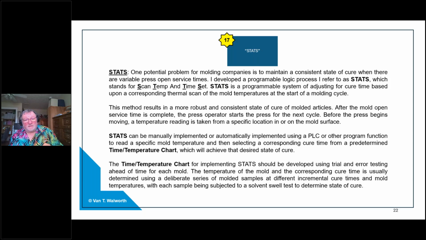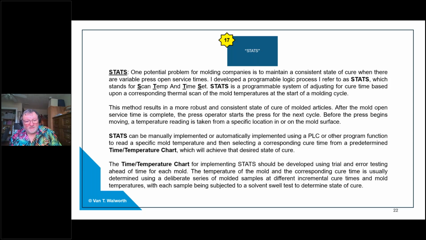If it's a little hotter for whatever reason, I know that I need just a slightly shorter cure time, it may only be 20 seconds, 10 seconds, 5 seconds, to achieve the same state of cure. Therefore, with some process engineering tests and using perhaps solvent swell tests to determine the actual state of cure, I can create a chart that if the temperature is this, my cure time should be this. If the temperature is this, my cure time should be this. And they may only vary very small amounts.